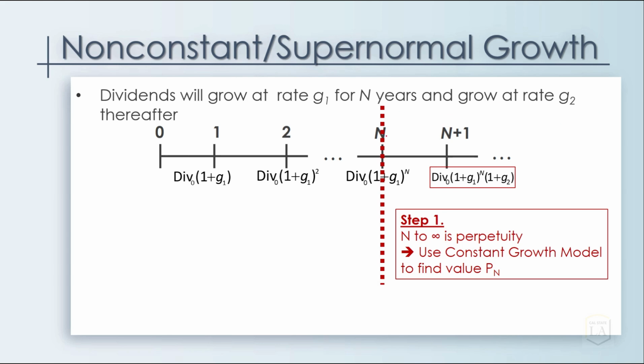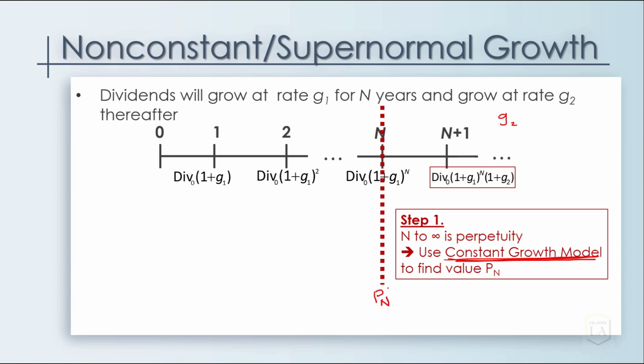So this is our independent infinite period where a constant growth rate of G sub 2 is being applied. So we can just focus on this period and use the constant growth model so that the value of the firm in the starting period, which is like our 0 but as a whole is year n, our P sub n, can be computed. So let's figure out the value P sub n by applying the constant growth model.